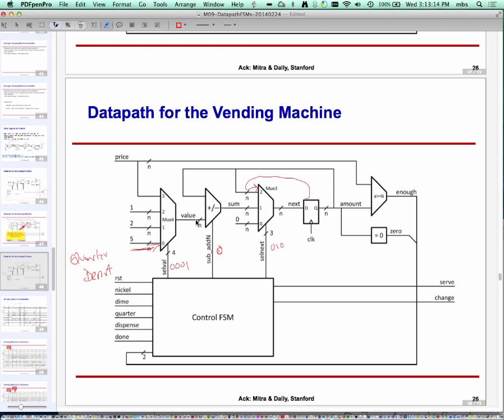Whenever I dispense a can, I subtract price from this variable, and then when I'm returning the change, every time I dispense a nickel, I subtract 1 from it until I reach zero. So essentially, this intuitively corresponds to how you might do it in software, and all the arithmetic operations you might do in software are not lumped into that.